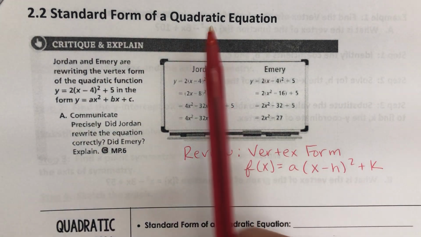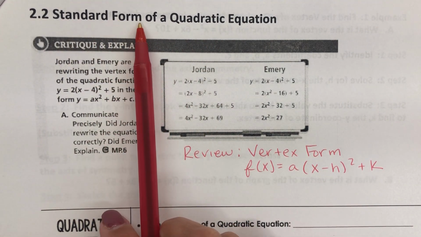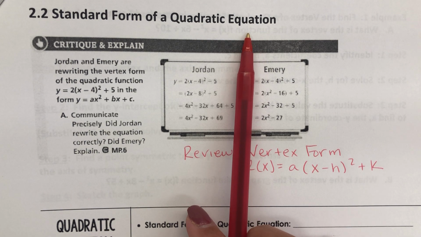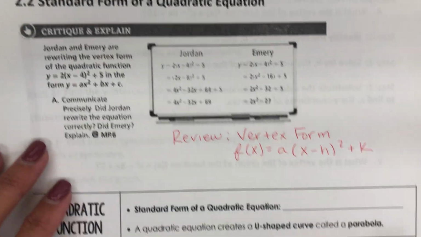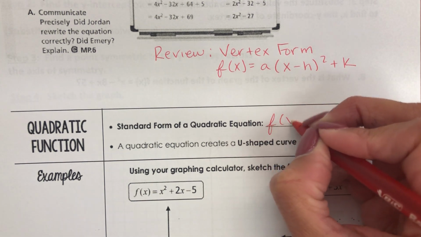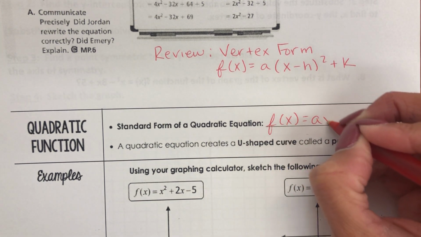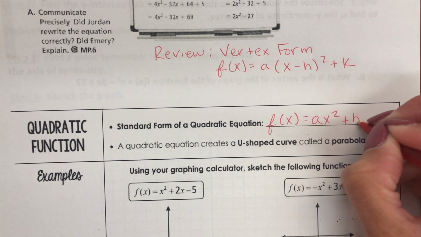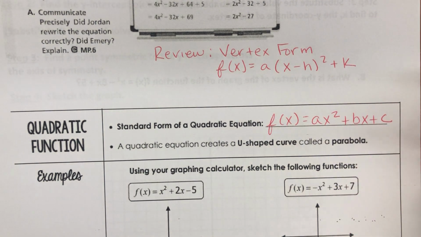This section we're looking at what's called the standard form of a quadratic equation. And the standard form looks like this: f of x equals ax squared plus bx plus c.